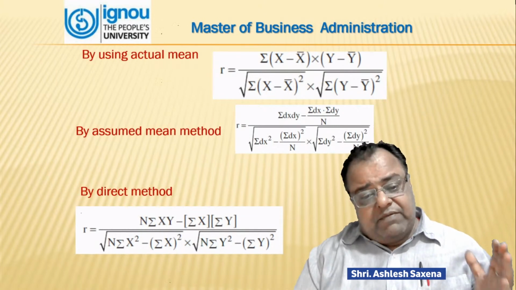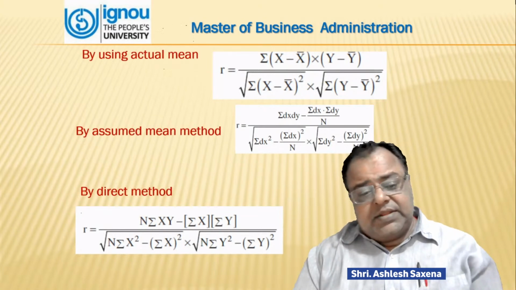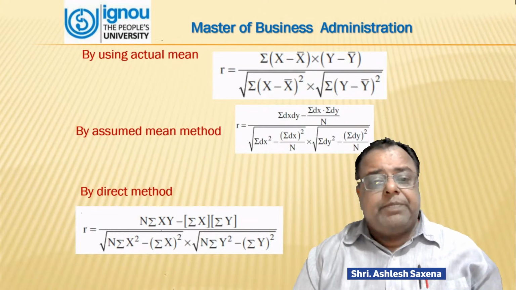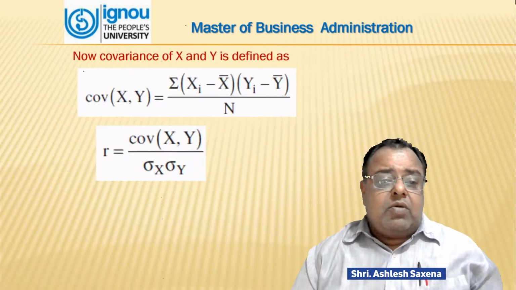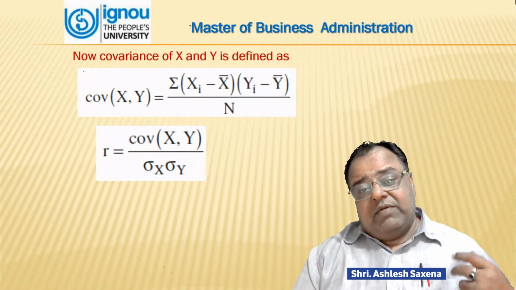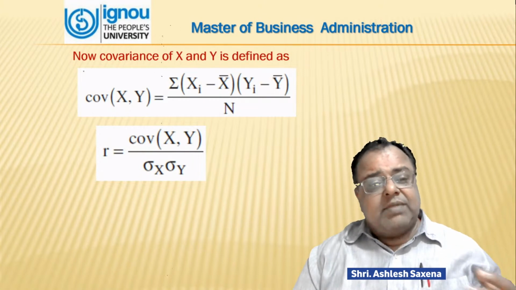And if we want to use the direct method, then we simply apply the standard formula, which is over here. Now, if in the problem covariance is given, or if the information is in terms of covariance, then we have to use this one.